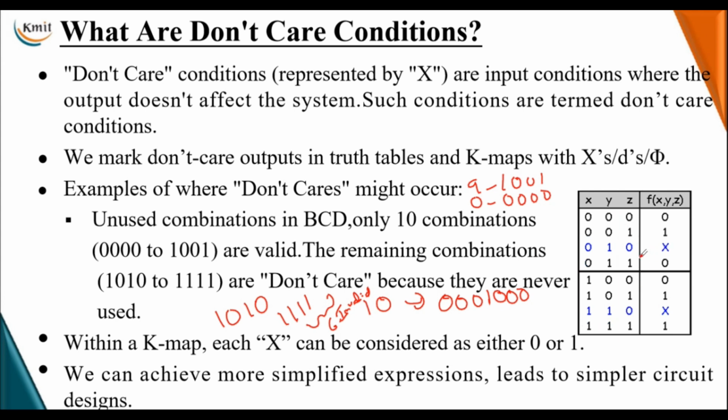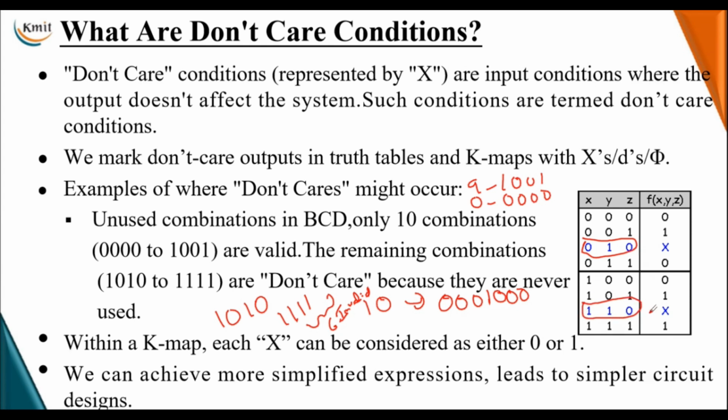Now I have given a truth table with 3 variables and a function of those 3 variables. The functional values of minterms and maxterms are represented here, random values. Additionally, we also have the don't cares, and for this function f of x y z, they did not want to use the combination 0 1 0, as well as the combination 1 1 0.